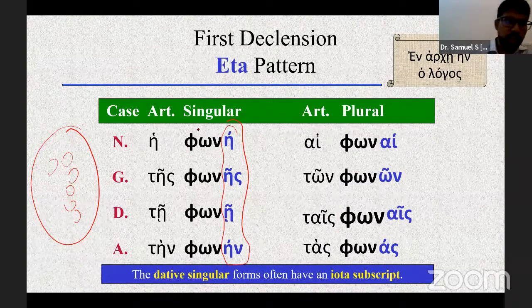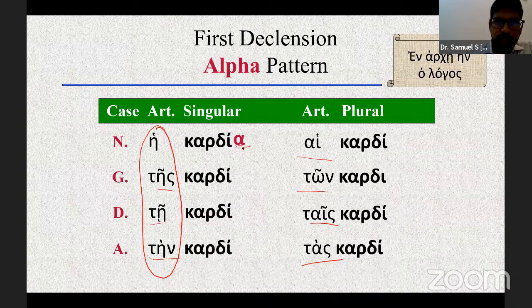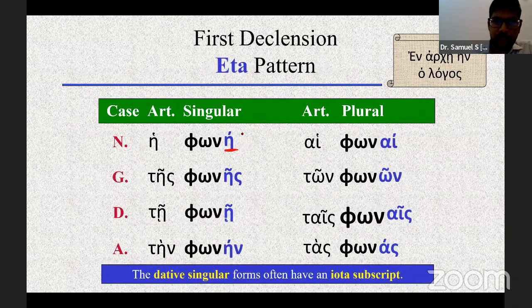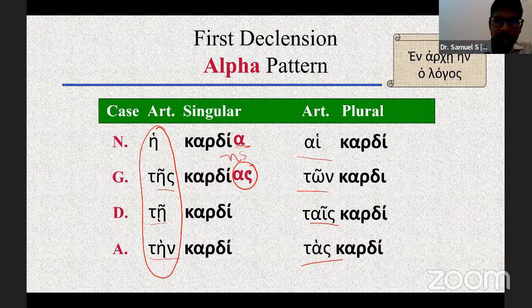I'll show you something else which is interesting here. See, the nominative singular is just eta. Here is just alpha. See the ending here, eta sigma for genitive singular. Here, alpha sigma.